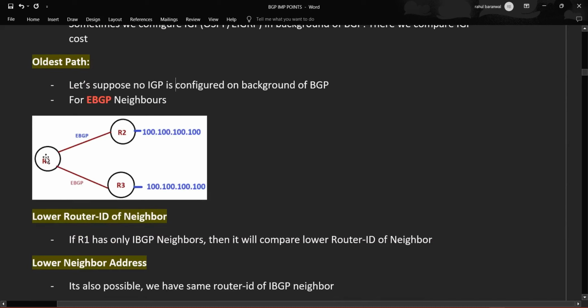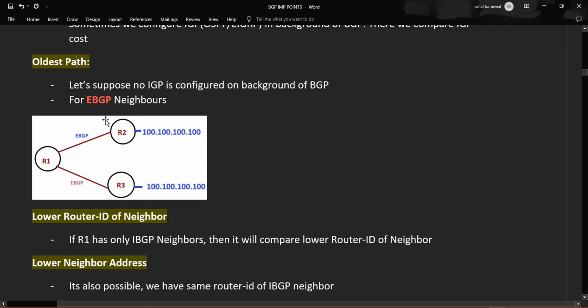Now suppose R1 has received the prefixes from R2 first, and later the same prefix is received via R3. So R1 will make it best via R2 because it received it before R3. Here we have written that, let's suppose no IGP is configured in the background of BGP. So we will check the oldest path. So for EBGP neighbors only, the oldest path will be preferred.